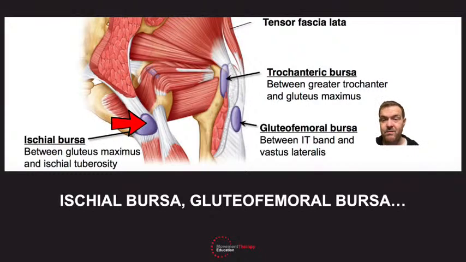Again, without imaging, it's just guesswork, really. But there is a bursa in that region that could be irritated, especially if you've had impact on your bottom. If you landed on your bum bones, potentially you can irritate that bursa, and it will start to swell. And as it swells, it just irritates the structures around it.